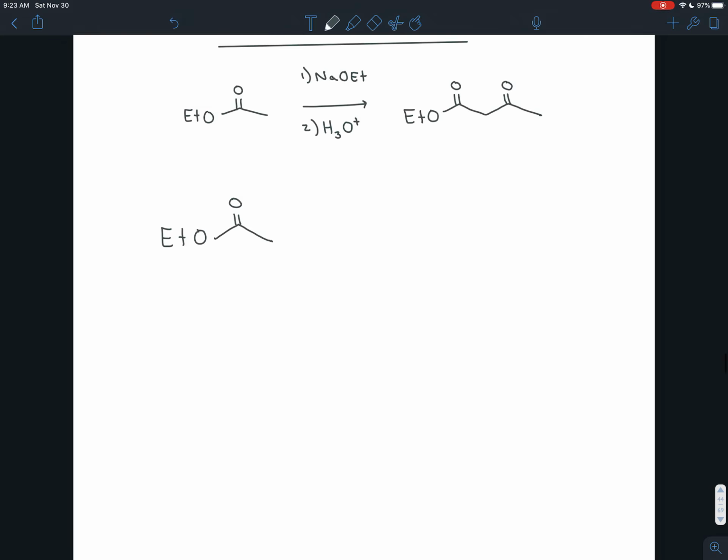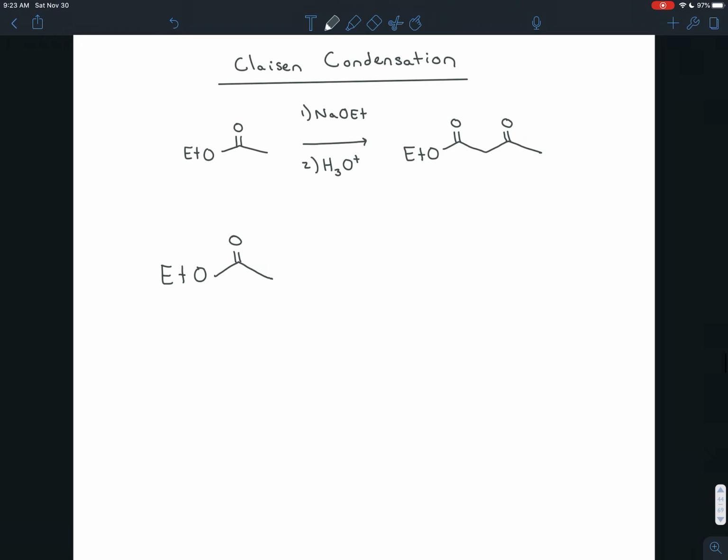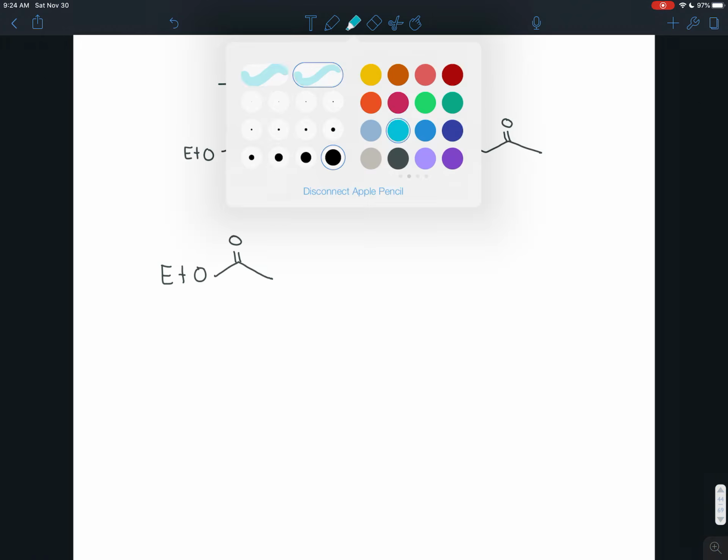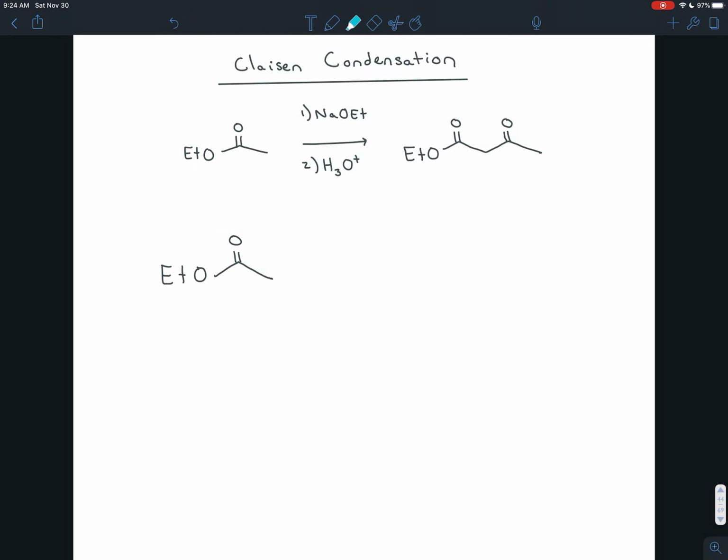Those are the two bases we've talked about so far in this chapter. We're not treating it with those. We're specifically treating it, not with sodium ethoxide necessarily, but with whatever base matches the ether of the ester. So, for example, if this were a methoxy group, then you would want sodium methoxide.